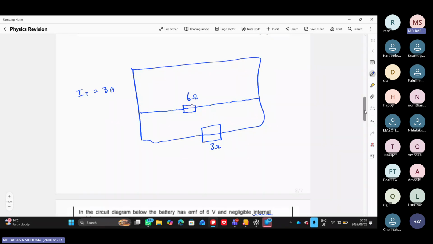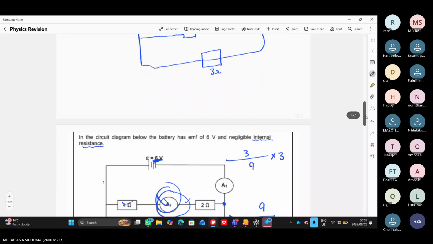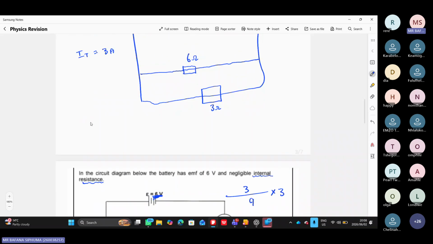So for the ratios, if you are looking for the current, now I'm looking for the current at the 3 ohm resistance.